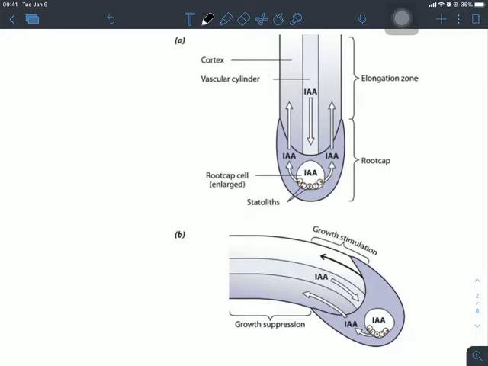But when the root is tipped over, the statoliths, rather than being equally distributed across the middle of this columella, and the statoliths are typically found in the columella, they instead have preferential transfer to one side.